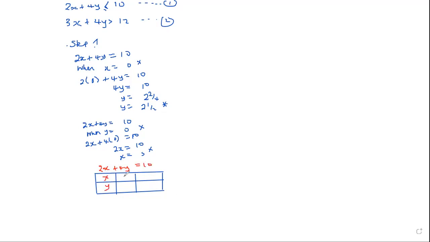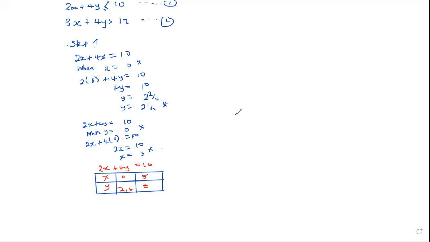When x is equal to 0, we got y equal to 2.5. And when y is equal to 0, our x is 5. Okay, that is our table of values.